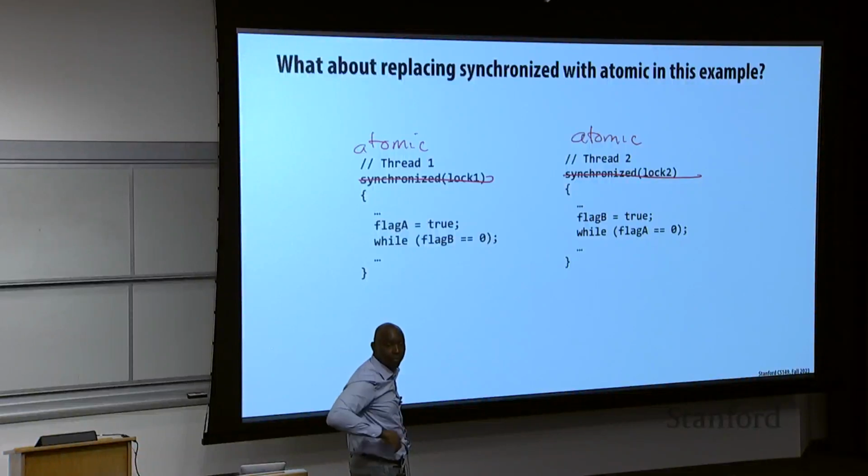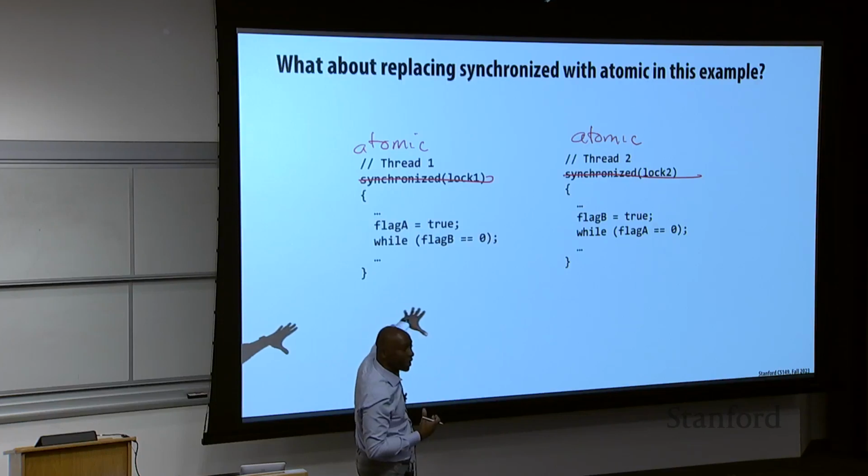Yeah. The two blocks need to be scheduled in a serializable manner, and this code relies on the flag set being interleaved between the other thread's flag set. So if I ran this code, what would happen? Or livelock, right? Yeah. This will be an infinite loop.